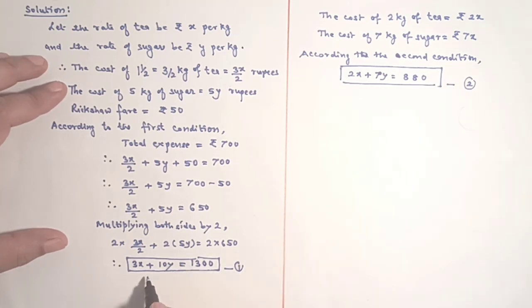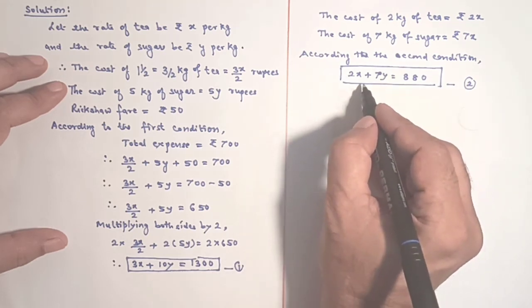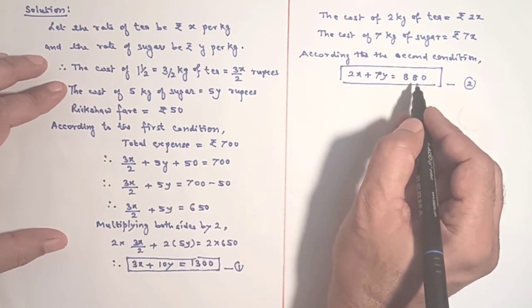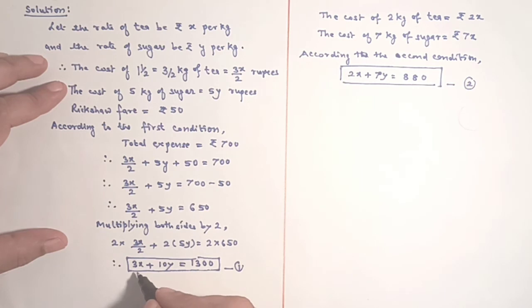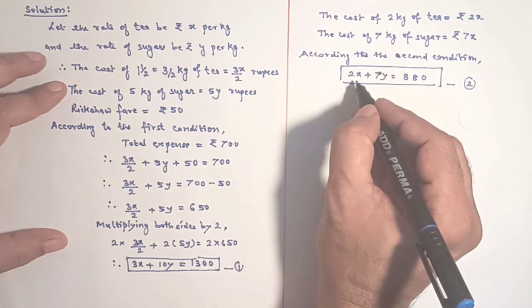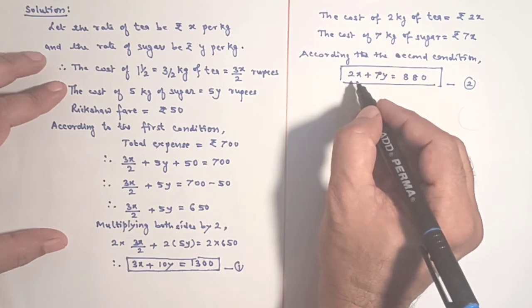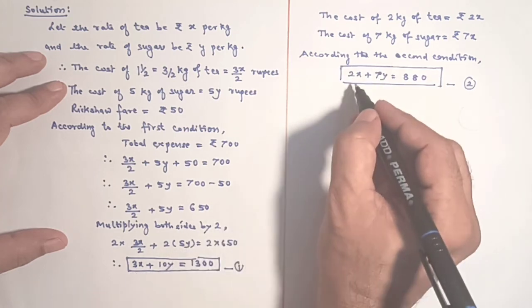First equation is 3x plus 10y is equal to 1300, and second equation is 2x plus 7y is equal to 880. Now let's eliminate x. Here it is 3x and here it is 2x. What is the LCM of 3x and 2x? It is 6x. So we'll try to make 6x here and 6x here.